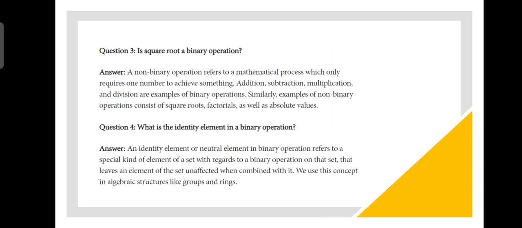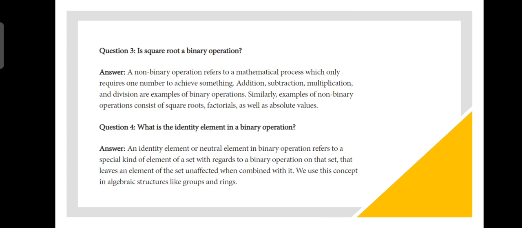Next question: is square root a binary operation? So what exactly is a binary operation? We have already done it. So it is not basically a binary operation. You cannot take a square root of each number and think that it will belong to our set. Such operations are called non-binary operations, like square root, factorials, absolute values.